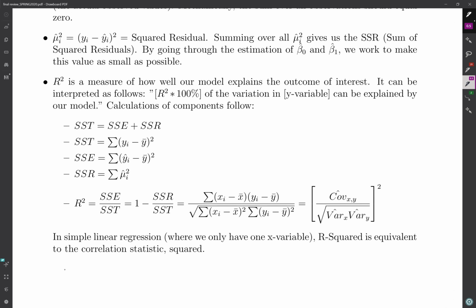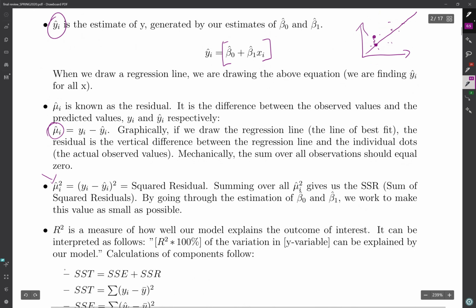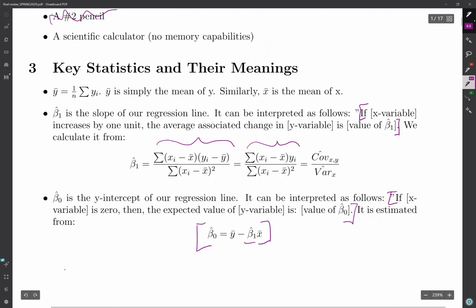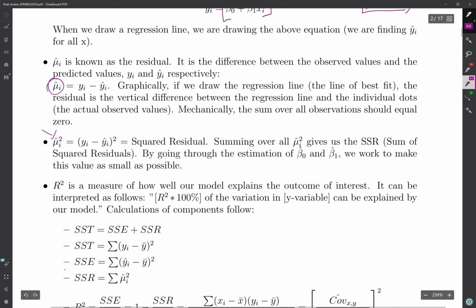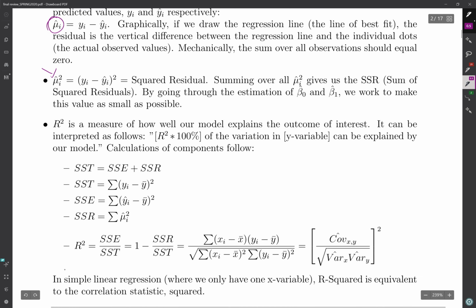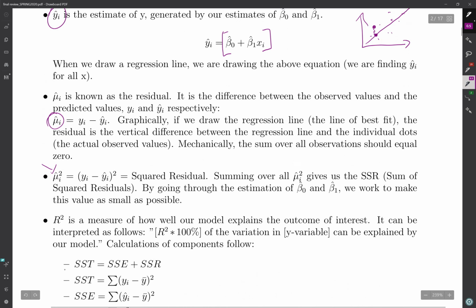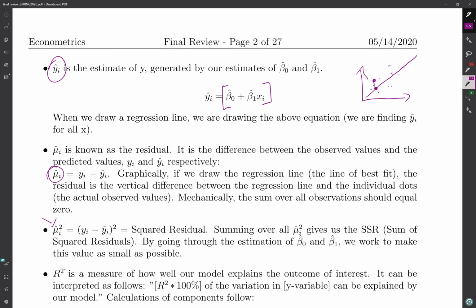We're going to have a residual for every single observation that we have. We also square that residual, and in fact, that's how we motivate our formulas for beta 0 hat and beta 1 hat. If you want to take a look at that from your notes, that's how we got those formulas in the first place: we wanted to minimize this squared residual.